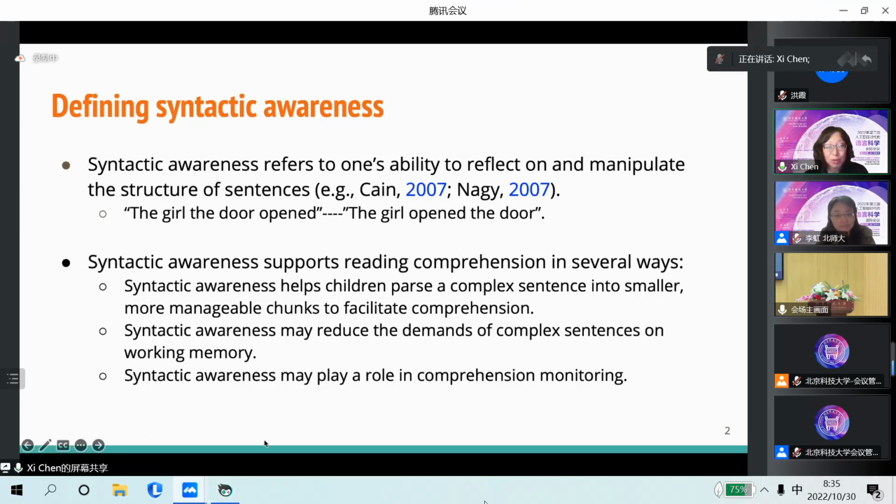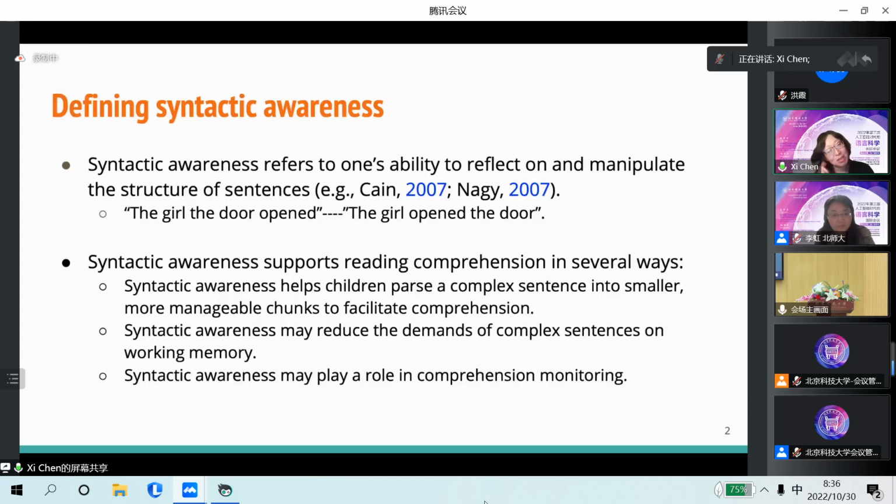Conceptually speaking, syntactic awareness supports reading comprehension in several ways. It helps children parse a complex sentence into smaller, more manageable chunks to facilitate comprehension. So you may have a very long sentence, say, when it rains, it's hard for me to go to school, which is far away from my home.